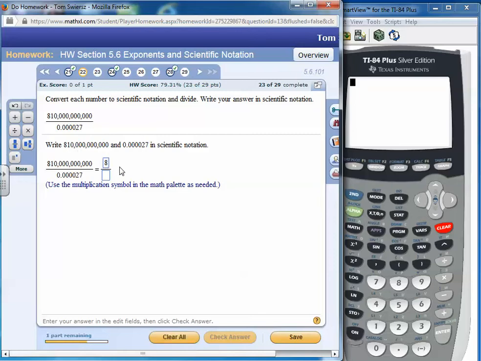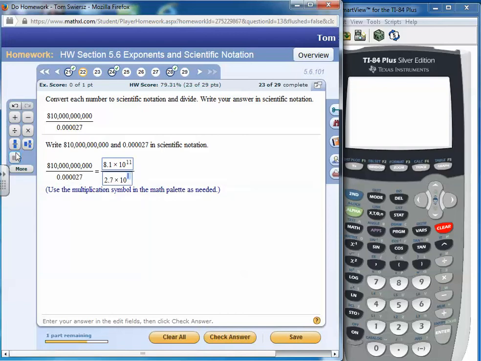So it would be 8.1 times 10 to the 11th power. 0.000027, you'd have to move it over 5 places, right? So it's going to be 2.7 times 10, and again, it's a small number, so it's the -5 power.